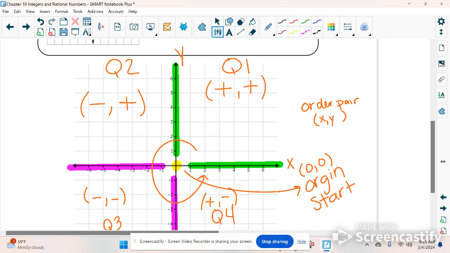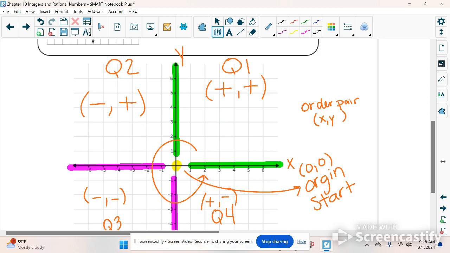Everybody stand up. Let's do this. Start with 0. Ready? Start at zero, left or right, left or right.